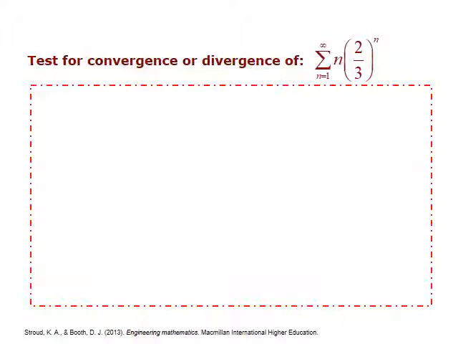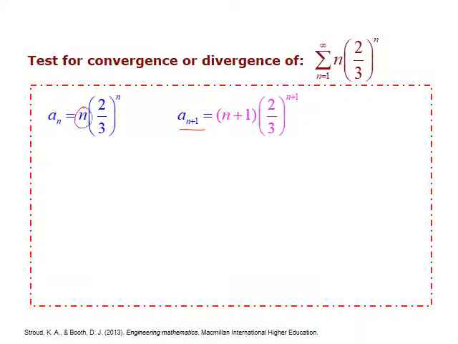See this sequence or series. We want to see if it is convergent or divergent using the ratio test. Have a look. This is a_n. What about a_(n+1)? Every n will convert into n plus 1. Here n will convert to n plus 1. This is the first step. And the second step is to divide them and simplify.